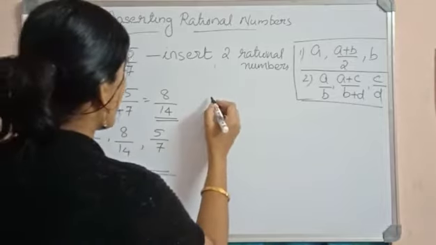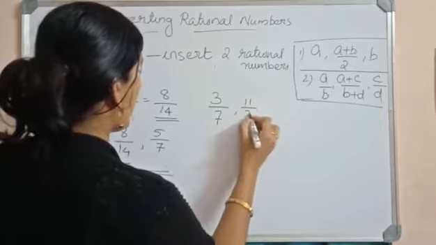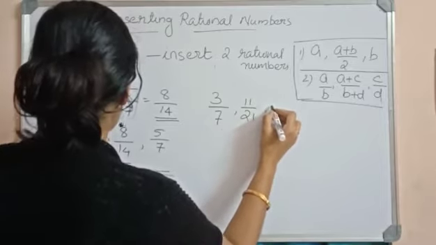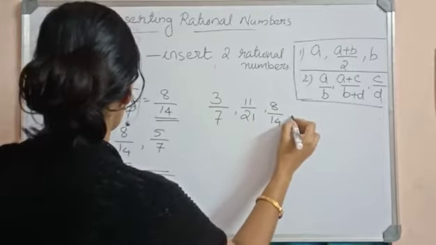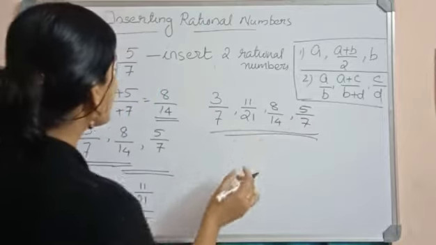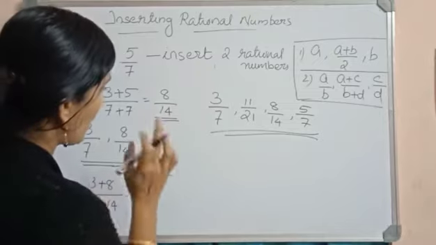So we will get this as 3/7, 11/21, 8/14, 5/7. This is how we can insert two rational numbers between 3 by 7 and 5 by 7.